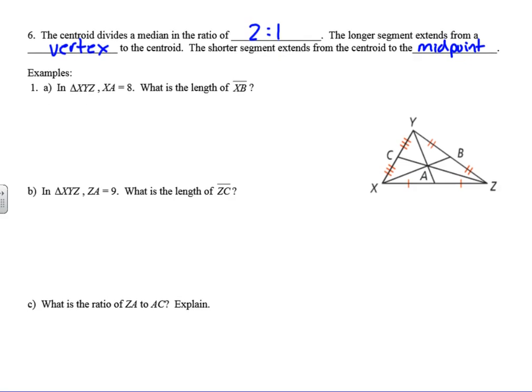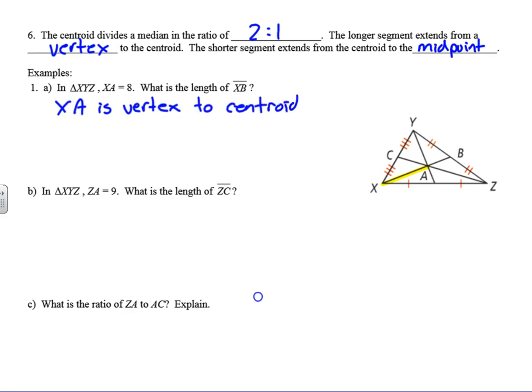So in this triangle over here, triangle XYZ, XA is 8. So let me get a little highlighter here to show you. Okay, so XA, that length is 8. What I want to notice about XA is XA is from a vertex to the centroid.